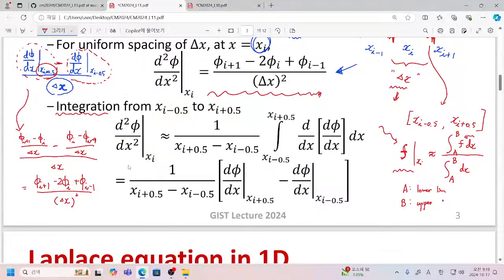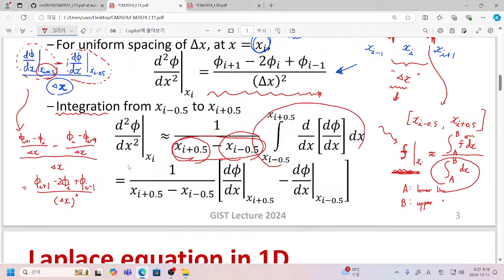Following these approaches, the node value is just approximated as a certain integral or averaged value. So now we can have this length of our integral. This is the upper and lower point, and their difference corresponds to this lower part. And now we have an upper part corresponding to our function integrated over our integral domain, the short domain.